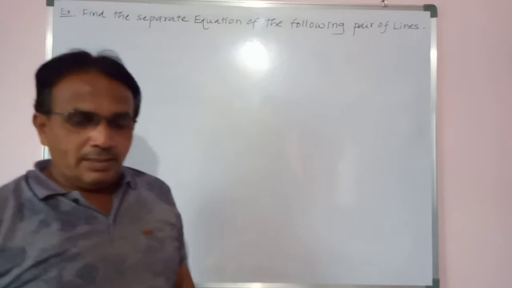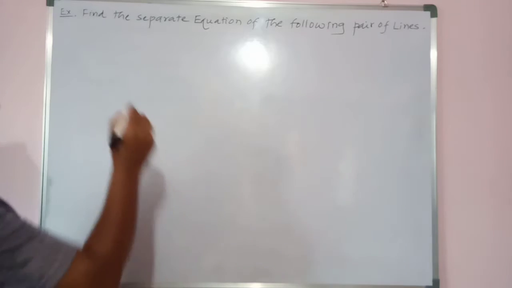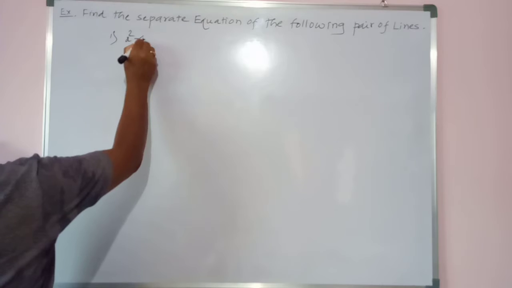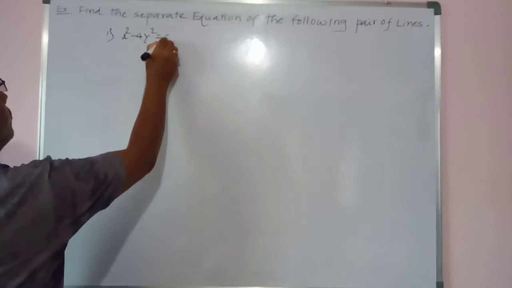One example is x square minus 4y square equal to 0.